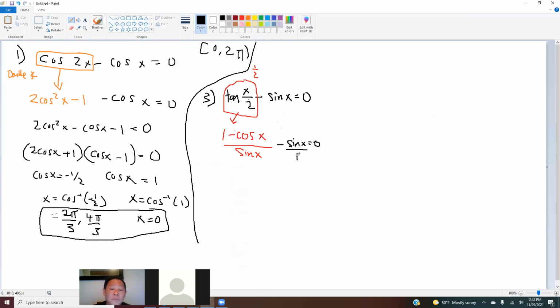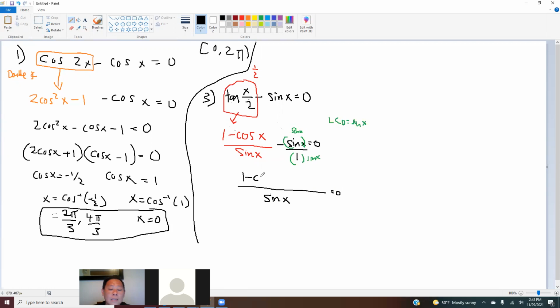So we have to make this the same denominator. So you have to find the LCD, and the LCD in this case is sine x. So we will multiply this by sine x, and we will multiply this by sine x. So what we have in this case is sine x in the denominator, still equals 0.